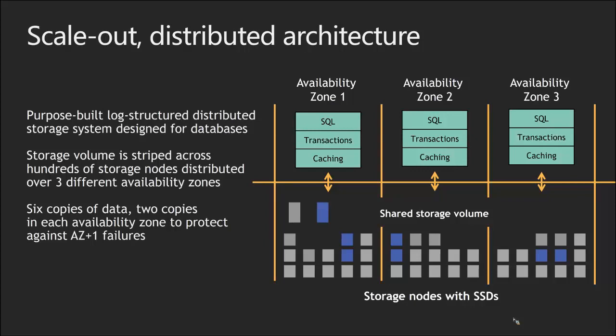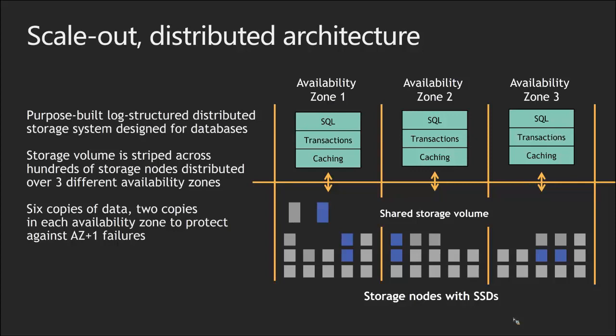A few more words about the storage layer of Aurora. That's one of the main differences between Aurora and a standard MySQL or Postgres database, is that Aurora has a purpose-built storage system. And the storage system is what we call a log-structured storage system, meaning that the data is stored as a set of logs plus a set of blocks or pages that the database can read.